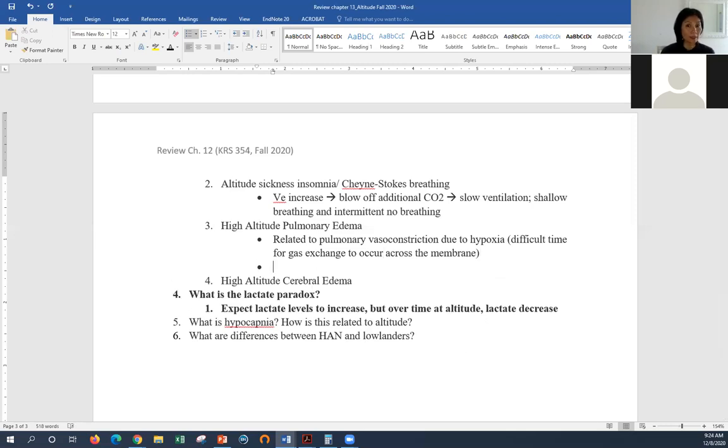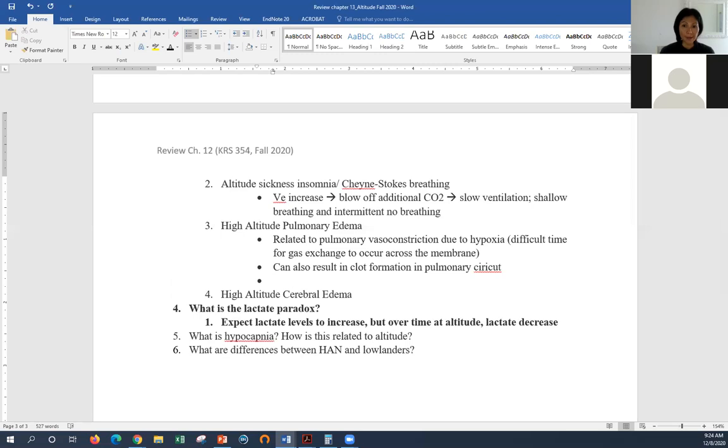High altitude pulmonary edema can also result in clot formation in the pulmonary circuit. But these symptoms related to high altitude pulmonary edema are most likely related to the pulmonary vasoconstriction that's happening.